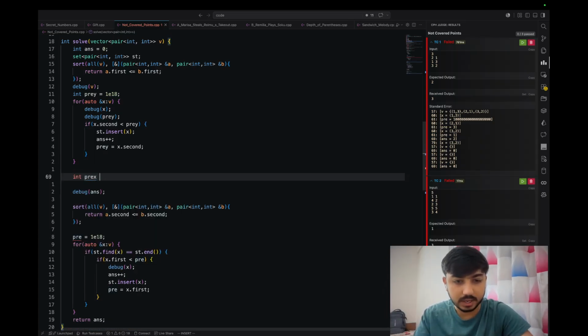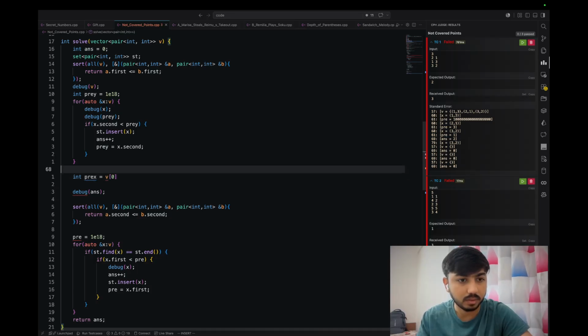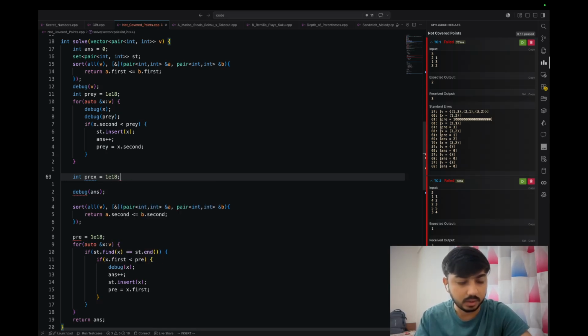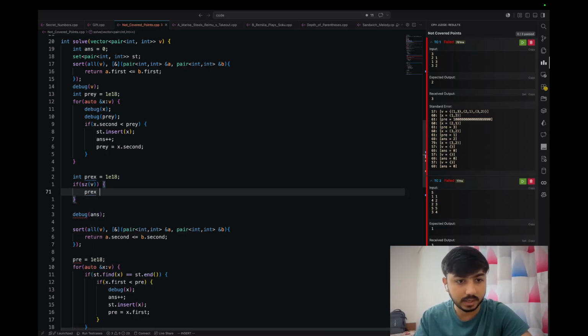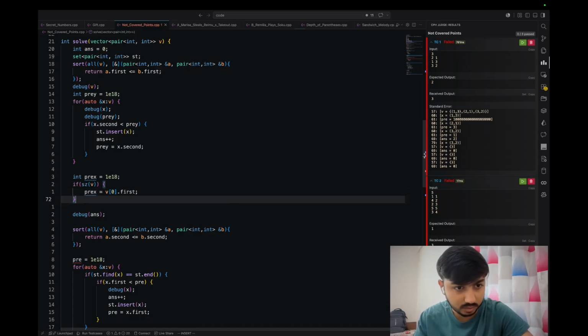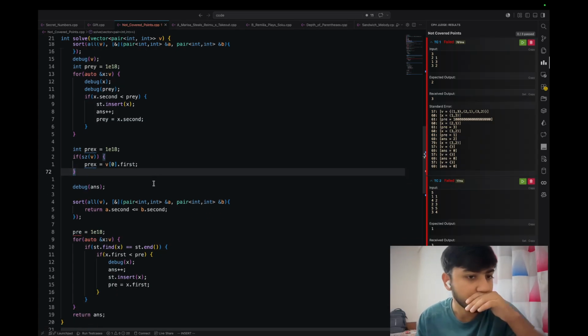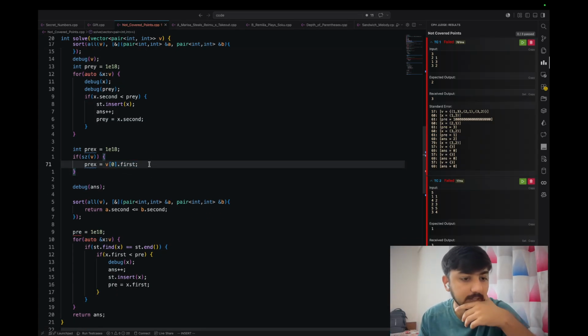Previous x is equal to b of 0. If it is b, then previous x is equal to b of 0 dot first. Okay. This is my previous x.